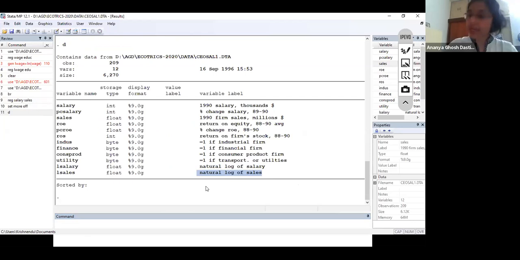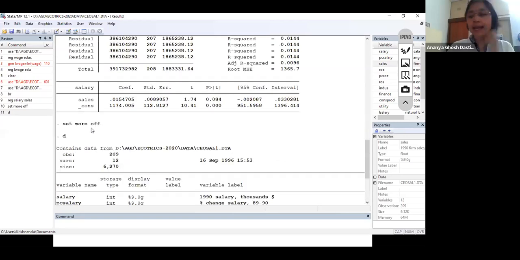These variables are already there. As you can see, salary is in $1,000. It is CEO salary in 1990. And sales is in millions of dollars. It is firm sales in 1990. This is the data, and I just ran a level model.